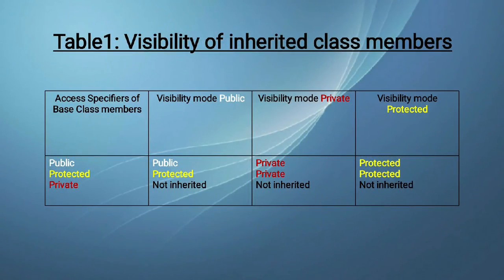So here the first table is visibility of inherited class members. What are the different modes of visibility? When the access specifier of the base class members, that is the data members and the member functions, is public, then under the visibility mode public, it will stay as public.